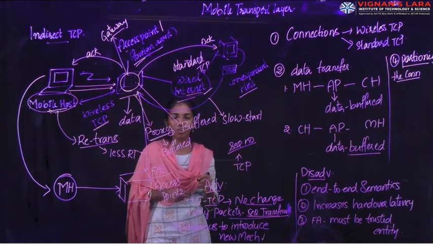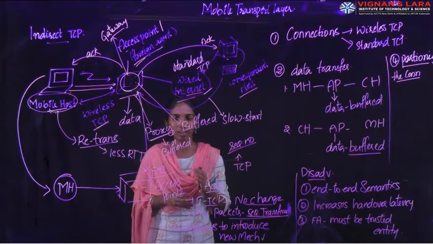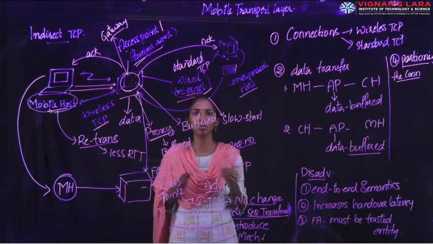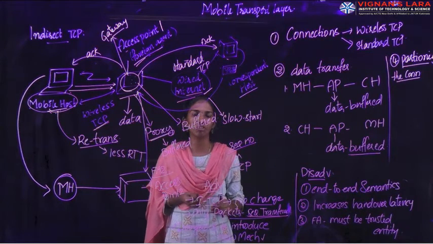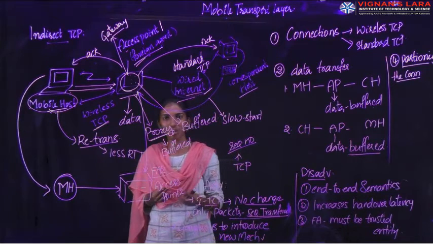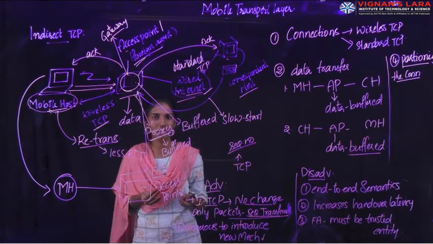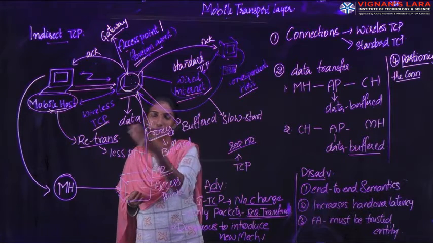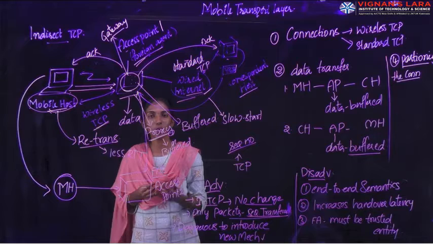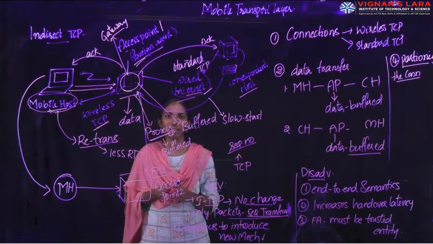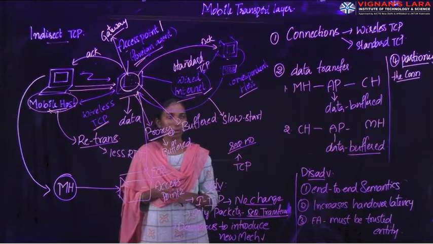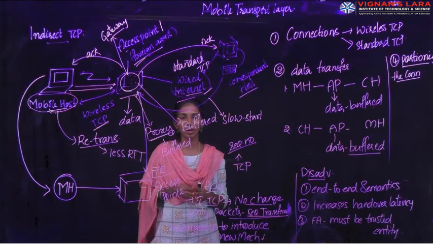The responsibility of a gateway is to convert the data of one protocol suite to another protocol suite. That means two different protocols need to communicate with each other. So the foreign agent is going to act as a proxy and also as a gateway. This is one of the advantages of ITCP, because not only one protocol, two different protocols can communicate over the network. Irrespective of these advantages, we do have some disadvantages.